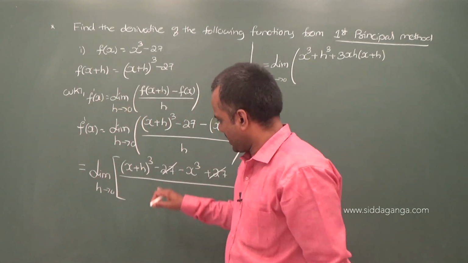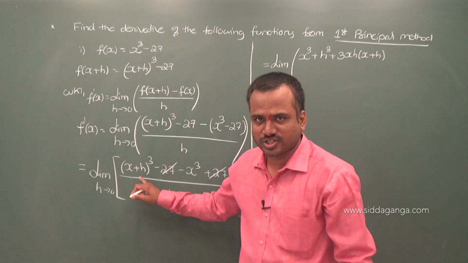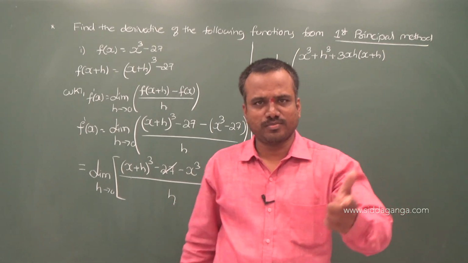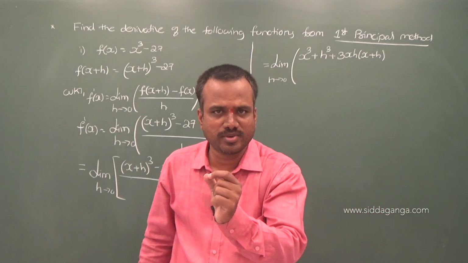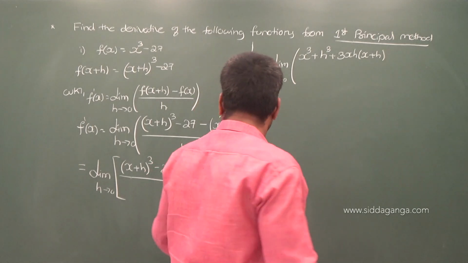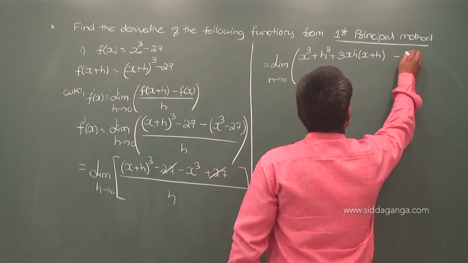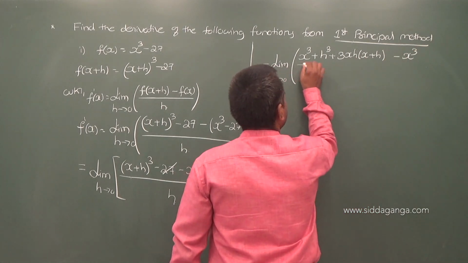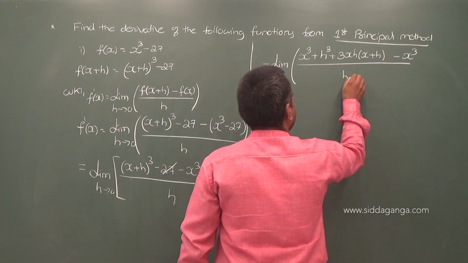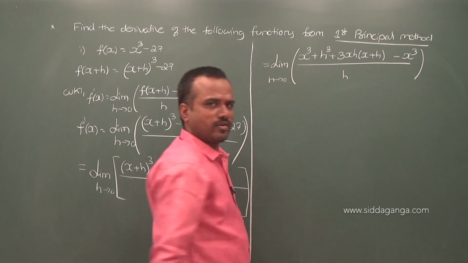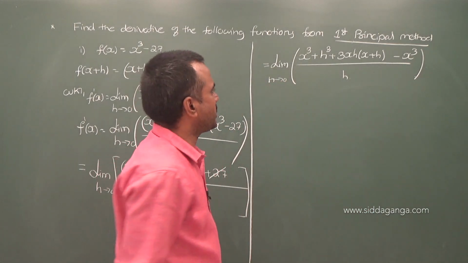Here a is x and b is h. So a³ + b³ + 3ab(a+b) minus x³, whole divided by h.